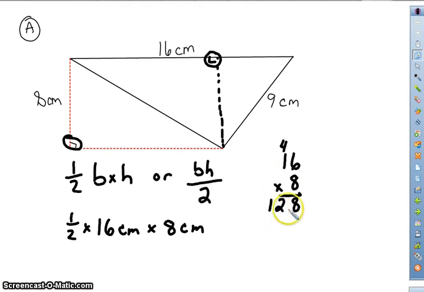So we have 128, and then remember we have to multiply that by 1/2, or you can take that number and divide it by 2, which is exactly the same thing.